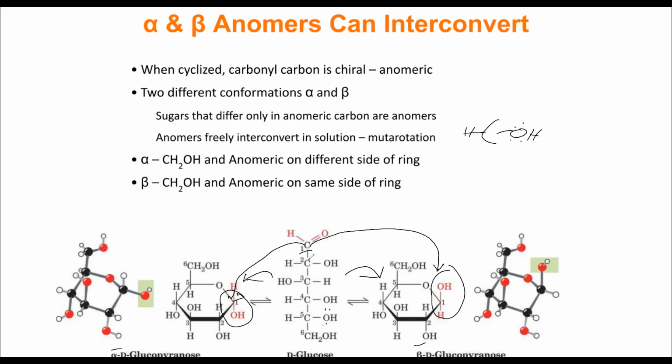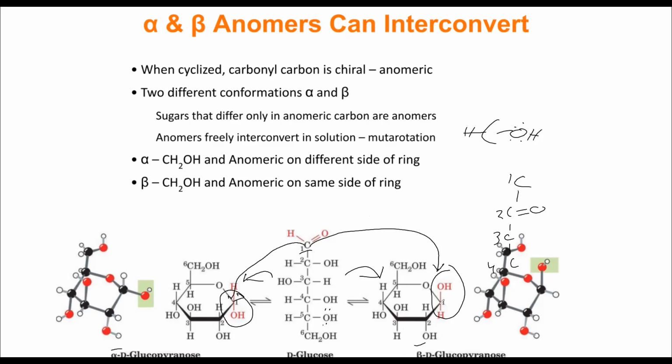Then you just go down the list, 1, 2, 3, 4, 5, 6. For ketones, the carbon above the ketone is 1. Then it's 1, 2, 3, 4, all the way down. And so when we cyclize, when we form this ring, we keep the same carbon numbering. So the carbonyl carbon is still number 1, then 1, 2, 3, 4, 5, 6.